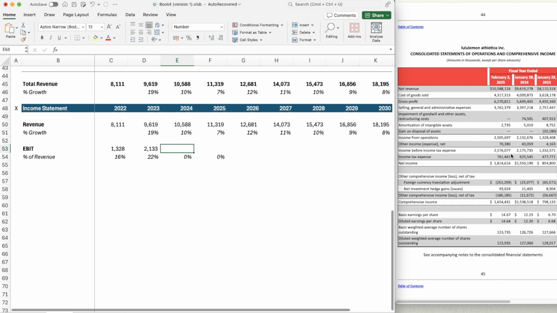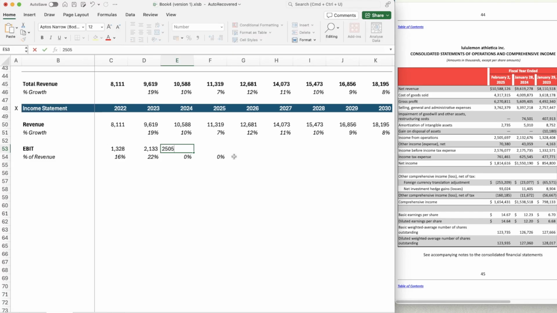So what am I looking at? 2505. 1697. There we go. So the margin here was 16%. Really, they want it to be above 20s.